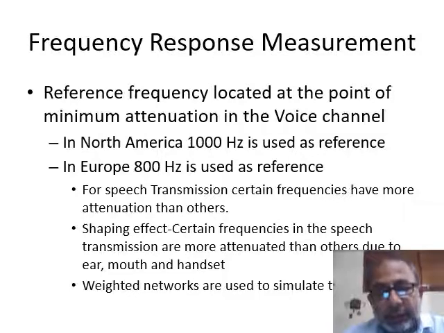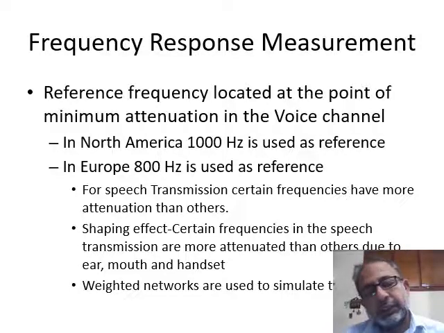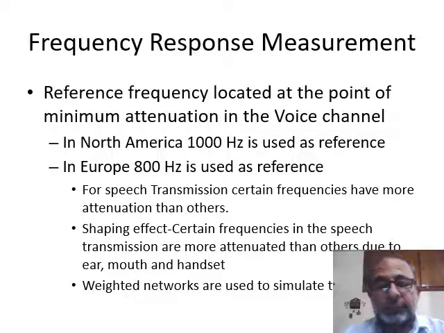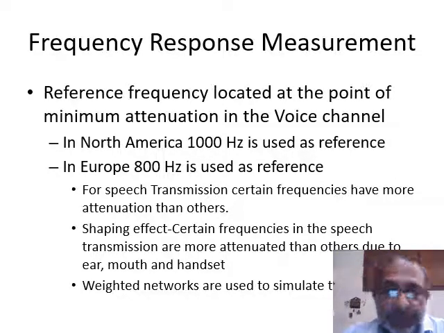Now let's see why it is different. Number one, the performance of the channel itself might cause some frequencies to be attenuated more than others. Then the transducers on both ends: the first transducer converts our acoustic signal to an electric signal, which is the mic in a telephone set, and the other transducer converts the electric signal into an acoustic signal, which is the earpiece or the speaker.